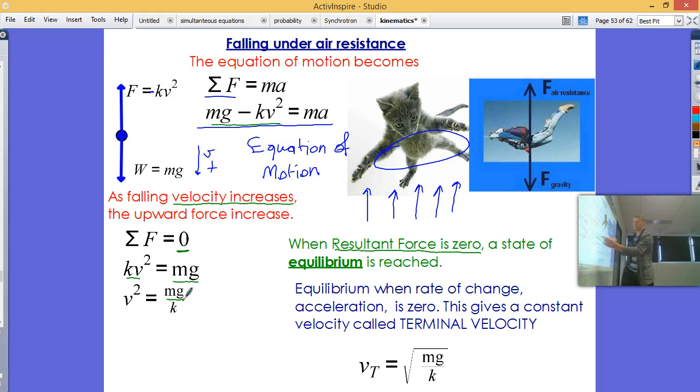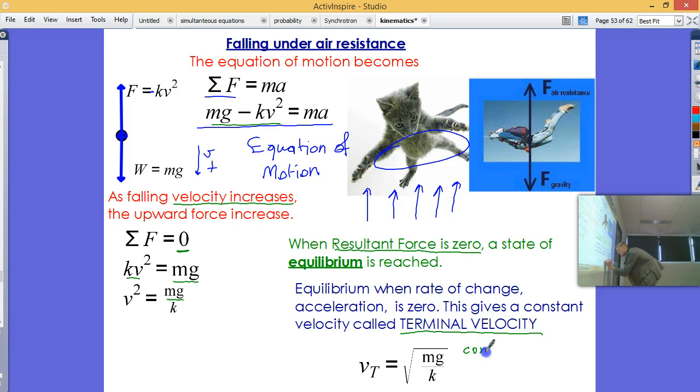Now this is an important quantity that we'd like to be able to identify, and we're going to give it a name. We're going to call it the terminal velocity. Terminal velocity is basically your maximum speed, the speed that you're going to go up to and not pass. Okay, and this is when the forces are balanced and you're now traveling at a constant speed.